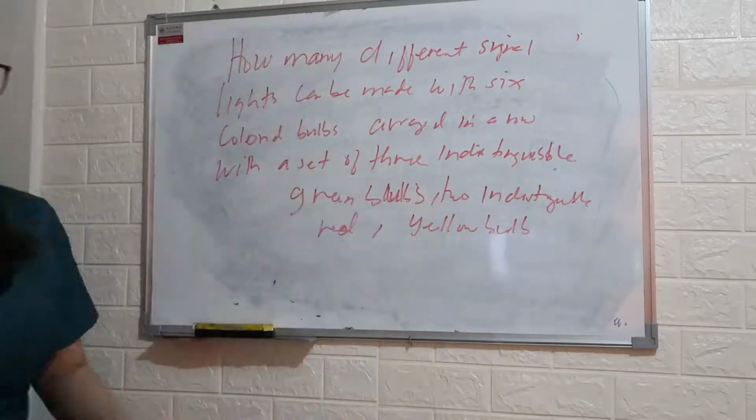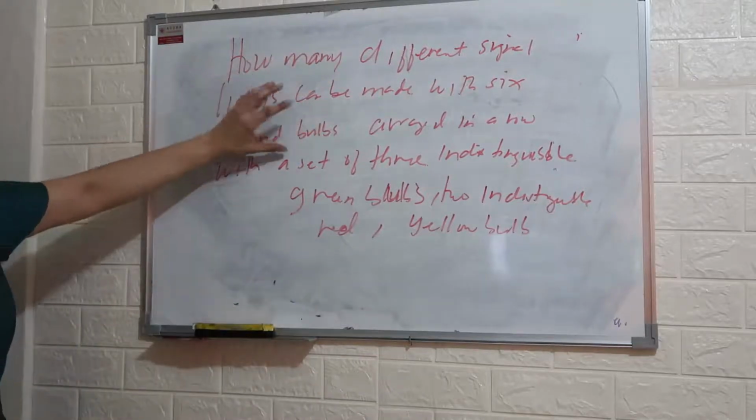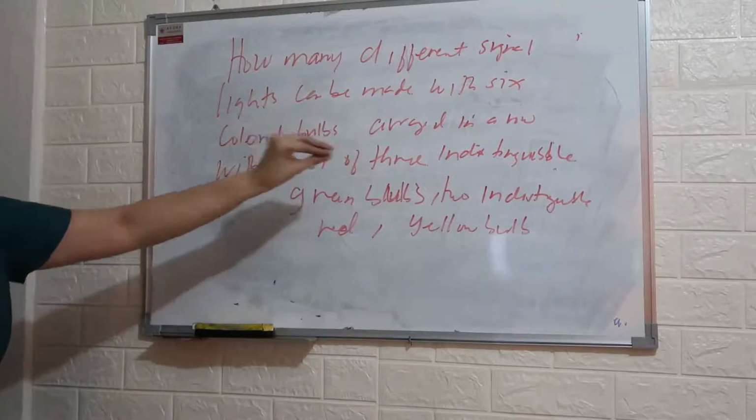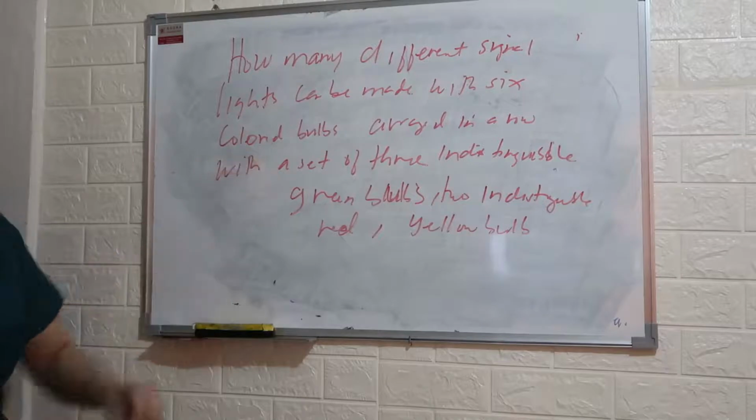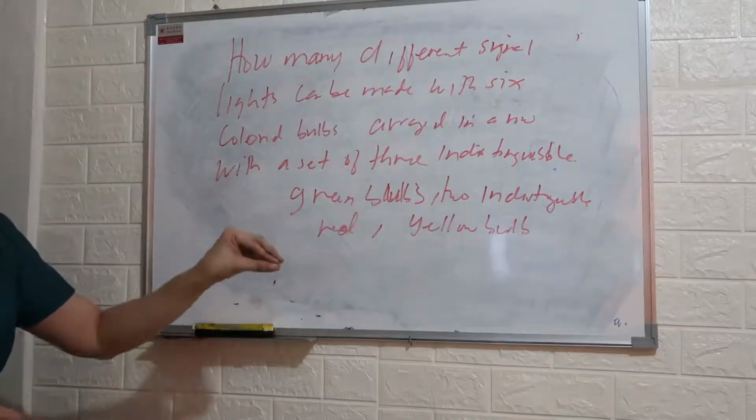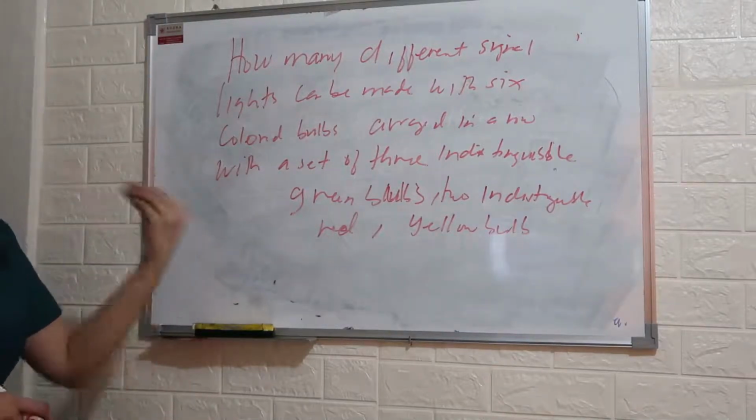Okay. So how many different signal lights can be made with 6 colored bulbs arranged in a row with a set of 3 indistinguishable green bulbs, 2 indistinguishable red bulbs, and then yellow?